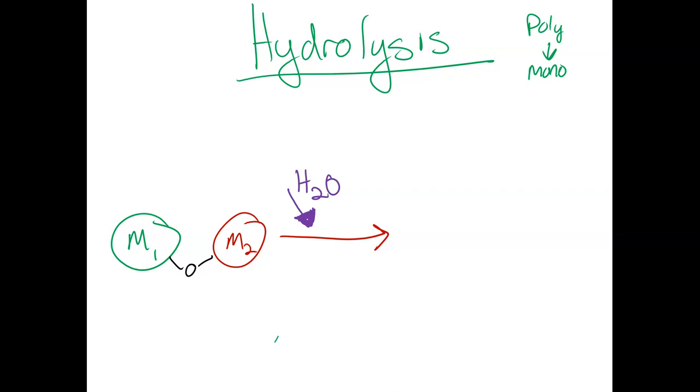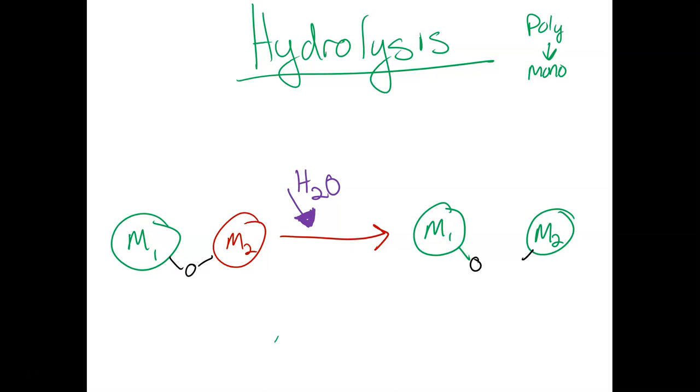What's next? Well, we still have monomer 1. And we still have monomer 2. Now it doesn't matter where we give this O to, because the O can go to either monomer 1 or monomer 2. It literally doesn't matter. You can change it.